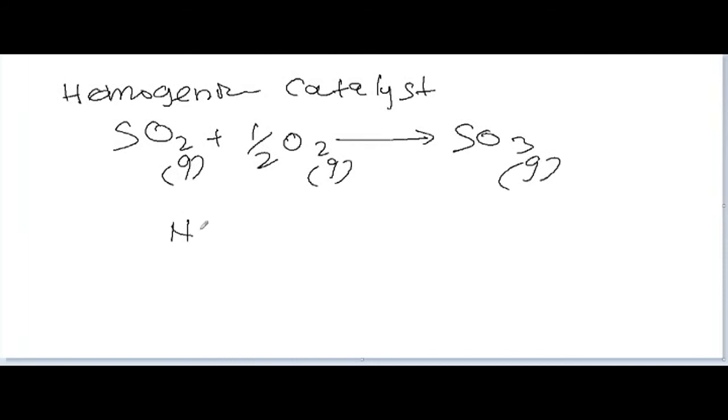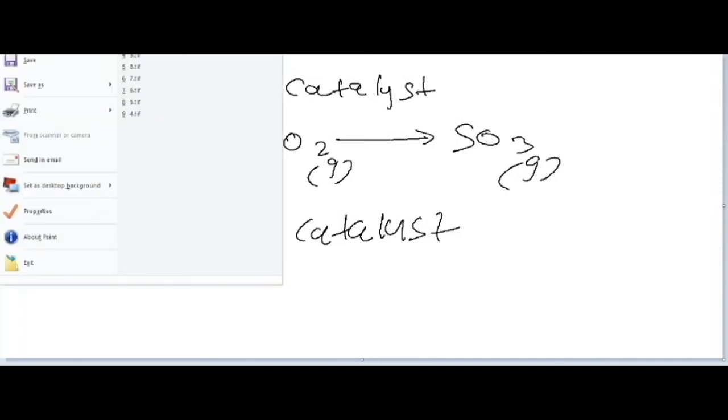In this process we use NO as the catalyst, NO gas. That means all of these are in the gaseous phase, and this one is also in the gaseous phase. Therefore this is the reaction, and this is a homogeneous catalyst, since all the products and reactants are in the gaseous phase. This is homogeneous catalytic activity related to the gaseous phase.